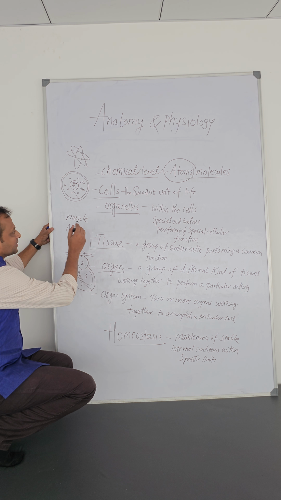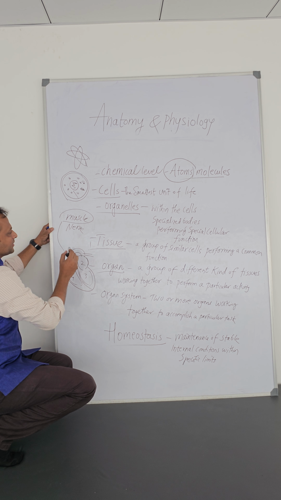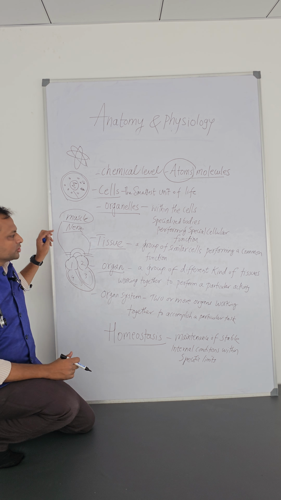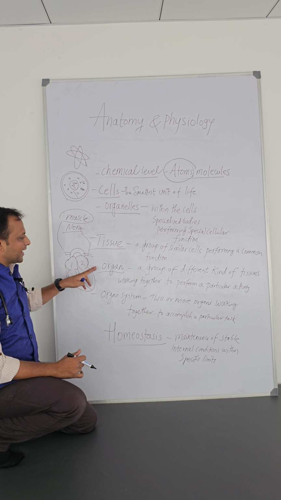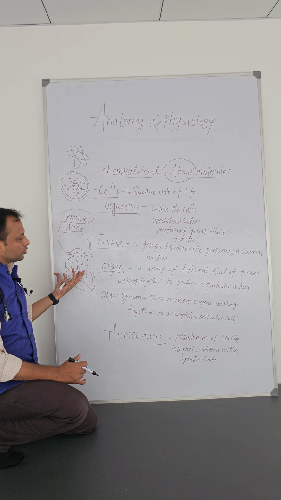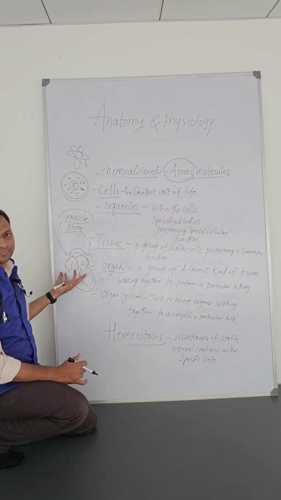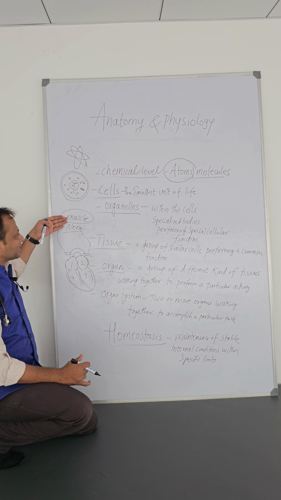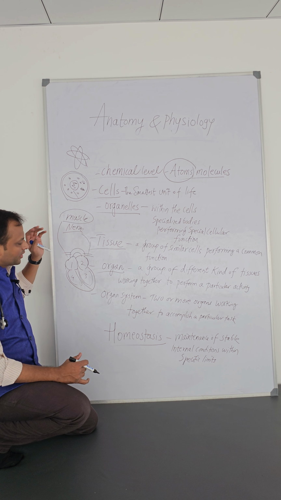The heart contains cardiac muscles, nerves, blood, and other components. So it has different kinds of tissues and they're all working together to perform a common function. So this can be called an organ. The muscle of the heart can be called a tissue.